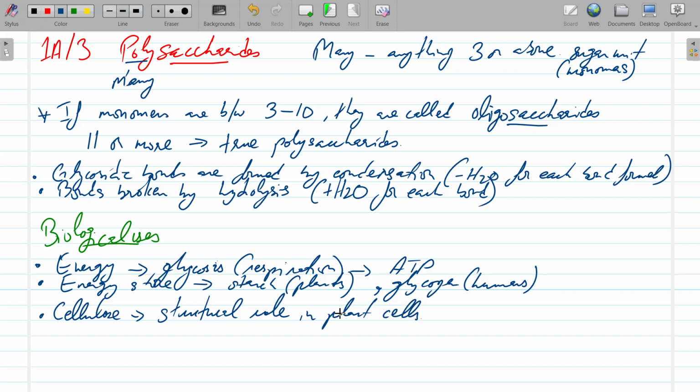You've got other sorts of polysaccharides that are involved in bacterial cell walls and fungal cell walls. So you've got chitin in fungi, and murein in bacteria. The cell walls are made of those polysaccharides.